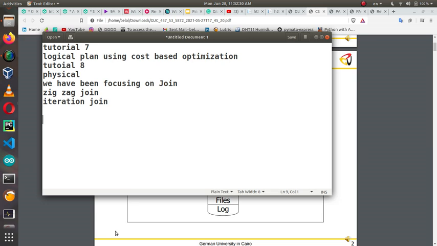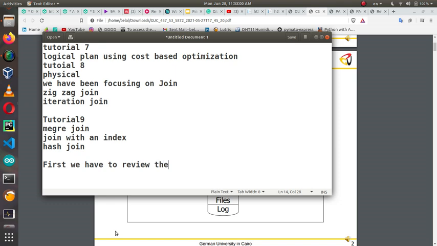So today in this tutorial we will continue with the other types of join operations: the merge join, join with an index, and the hash join. First we have to review the concepts covered by the lecture.